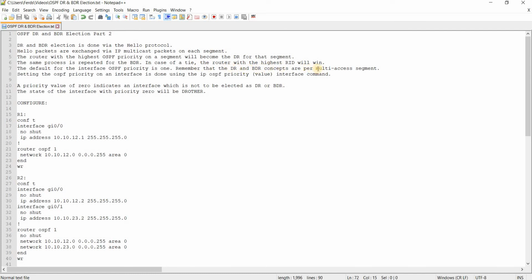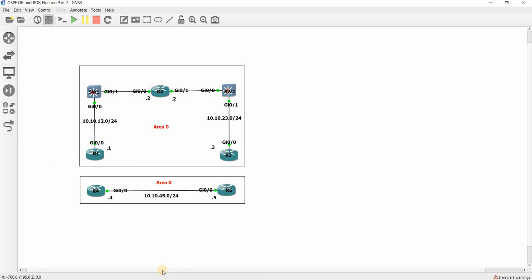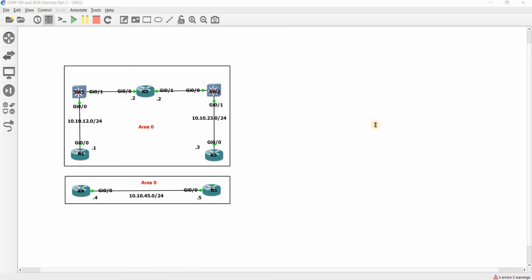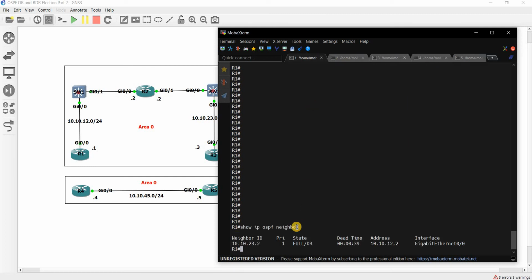DR and BDR concepts are per multi-access segment. So when you see a switch and OSPF routers connected to it, that would be a multi-access segment. But like I said, even if there's no switch, like in this topology below, there's also a DR and BDR election happening.